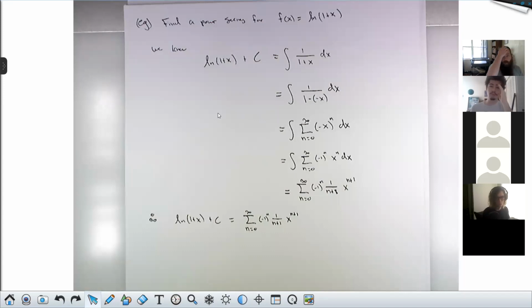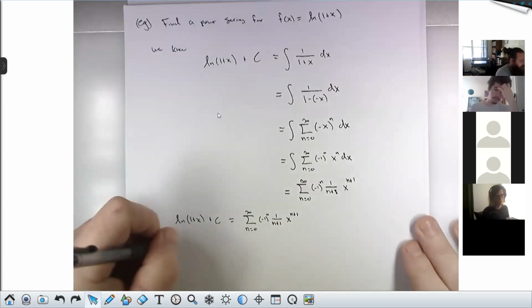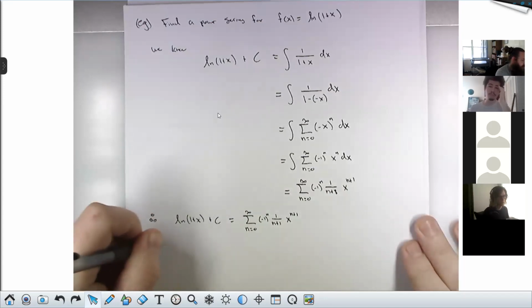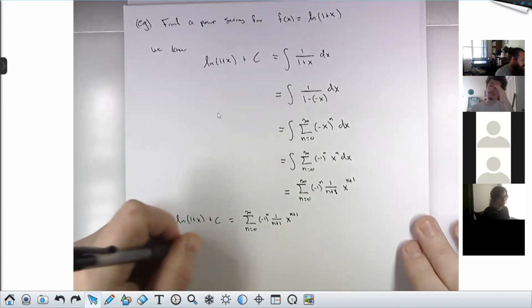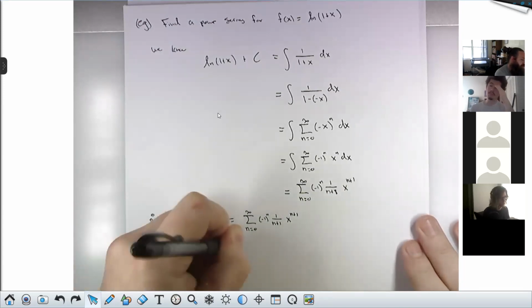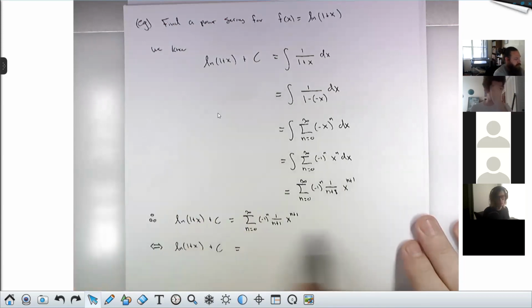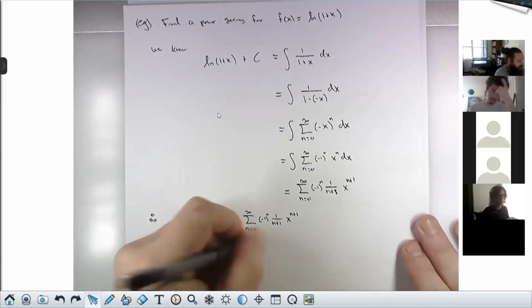The trick for that is to write out the power series long form and plug in the center, x equals 0. So this is equivalent to ln of 1 plus x plus c equals, and we write out the terms here. When n is 0, we have 1 times x.